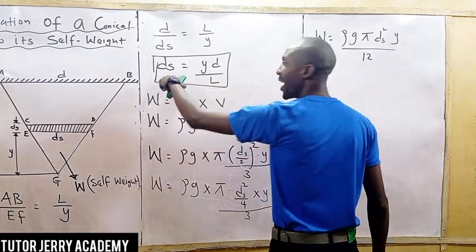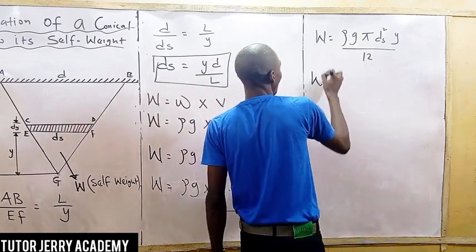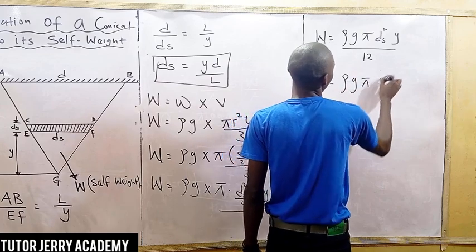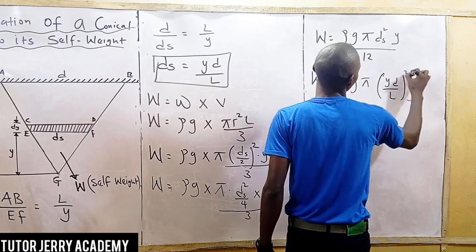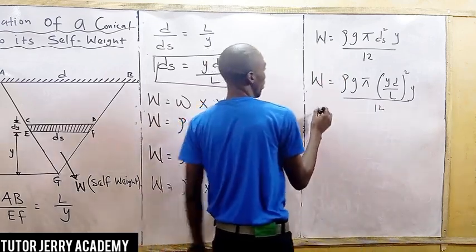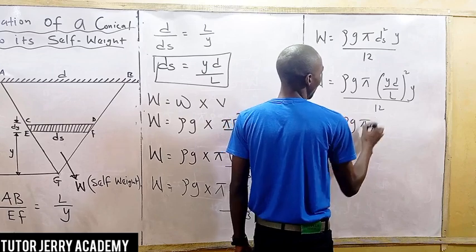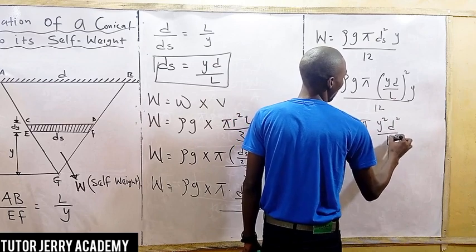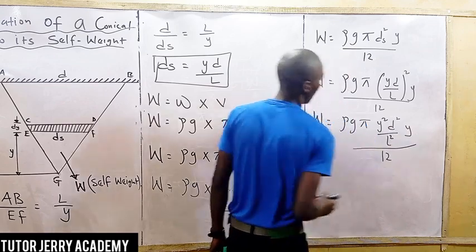But don't forget, our S is equal to yD over L. So we substitute that here. Weight is density, gravity, pi, times yD over L squared, times y over 12. By the time we open that bracket, we have density, gravity, pi, y squared D squared over L squared, times y over 12.